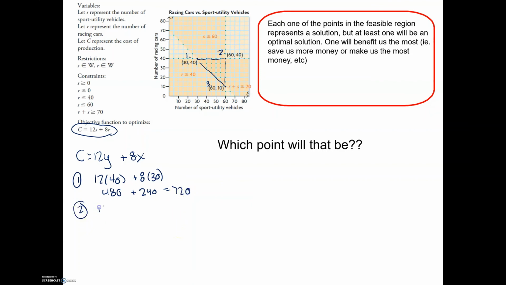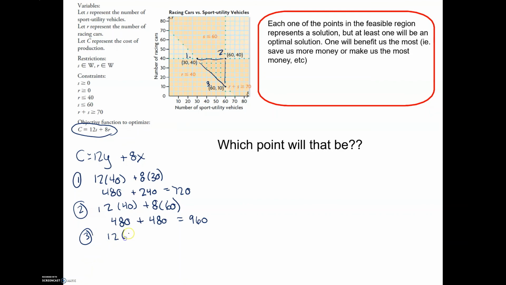If we plug in the second one, 60 and 40, in place of y, I will put 40. And in place of x, I will put 60. And then number 3, the point 60 and 10.